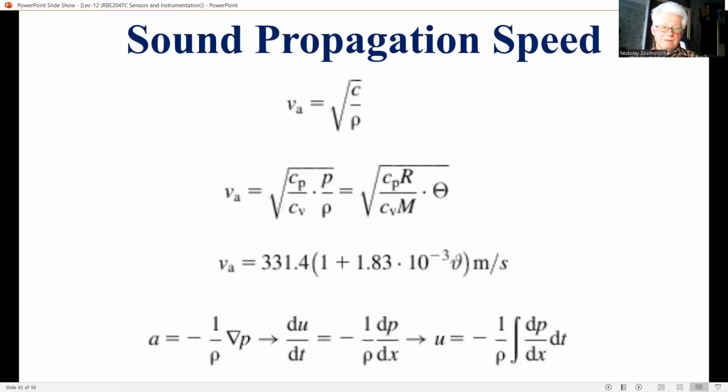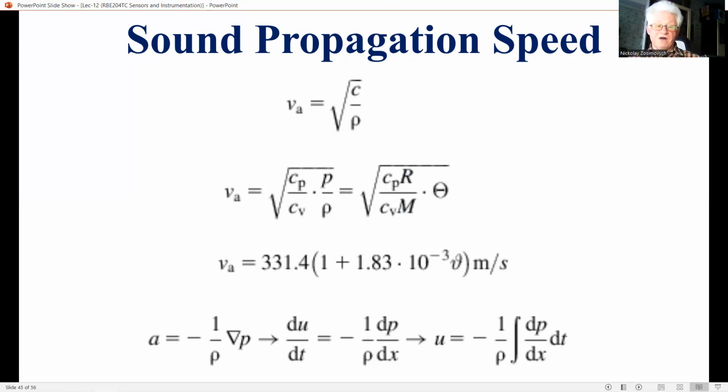In general, the propagation speed in a material is given by the equation for V, as we can see from the top, where C is the stiffness modulus of elasticity and rho is the specific mass of that material. For ideal gases, the expression for the speed of sound is, you may see from this second equation. Here, theta is the absolute temperature, R capital is the gas constant, and M capital is the molecular mass.